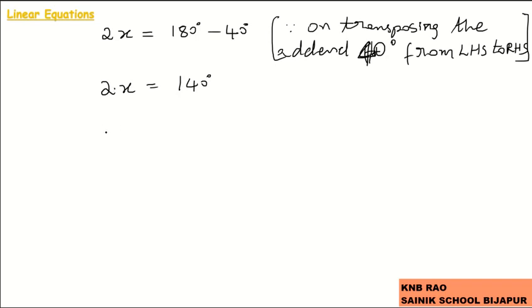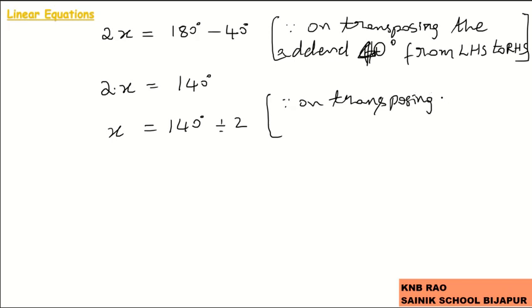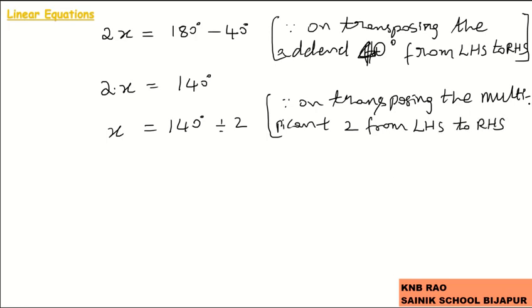Now, here 2 is multiplying, therefore, x equals to 140 degrees divided by 2. Reason for it is on transposing the multiplicand from LHS to RHS.